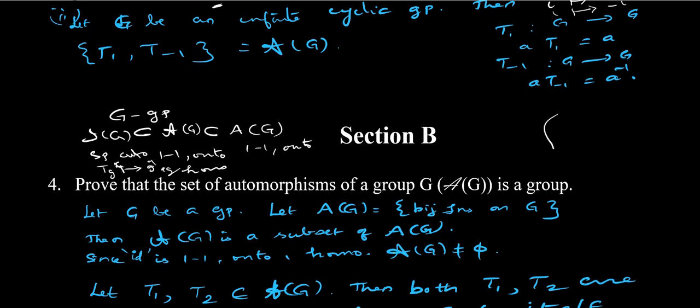So the bigger one is A of G, and in that you have script A of G, and within that you have script I of G.